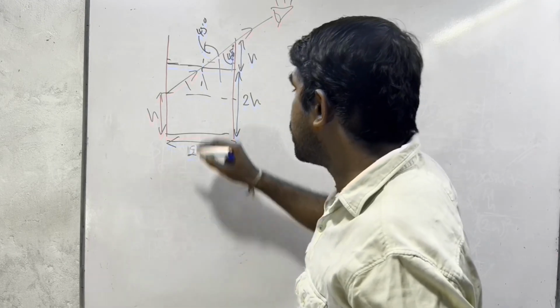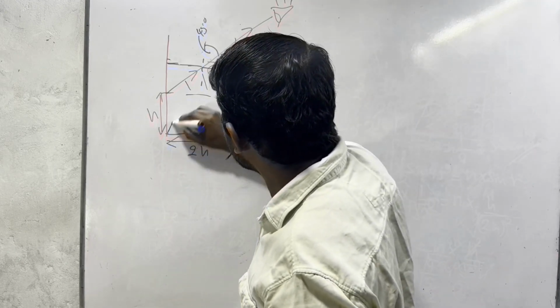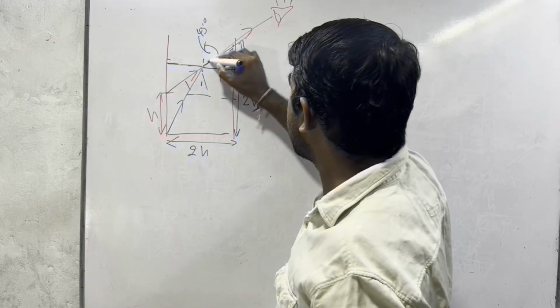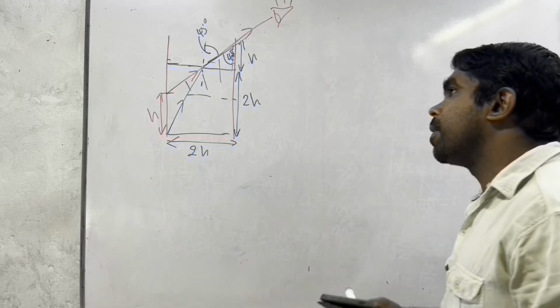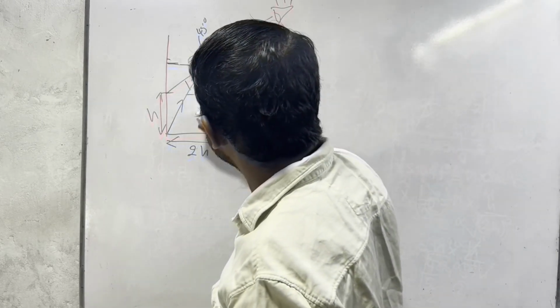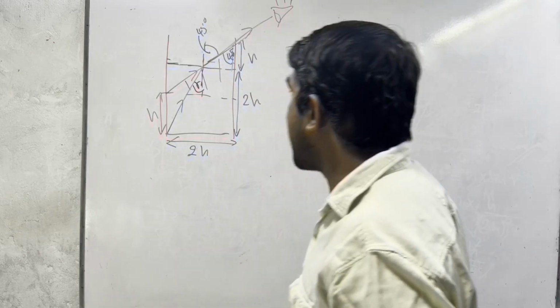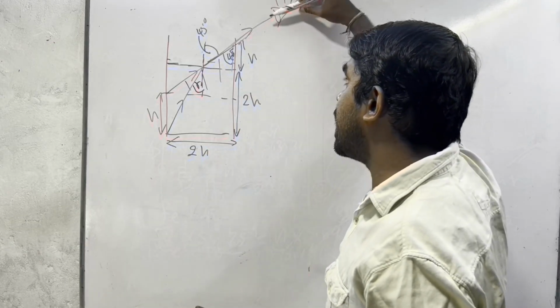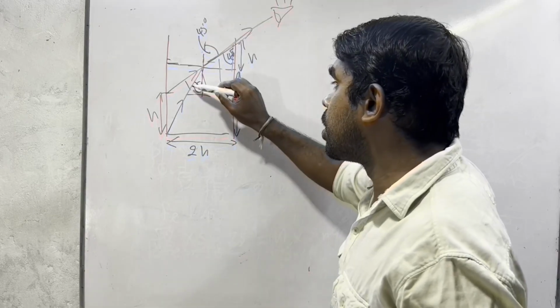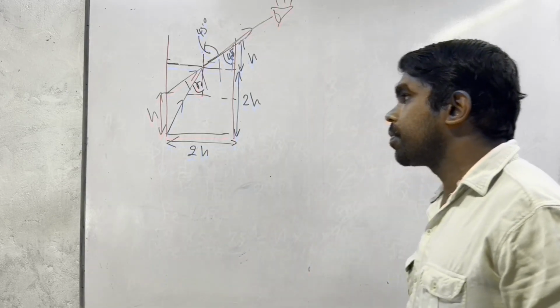It is 45 because now the ray will pass in this way. And we can consider this angle as the refracted angle. If a ray is moving from this side, it will move along this path.